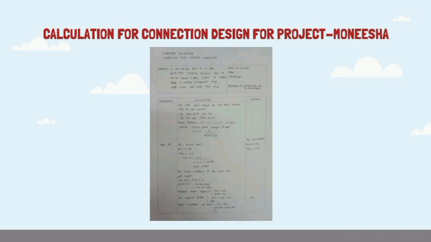The design resistance of the weld per unit length Fw,Rd equals fvw,d times a, 223 times 5.6 equals 1248 N per millimeter equals 1.25 kN per millimeter.